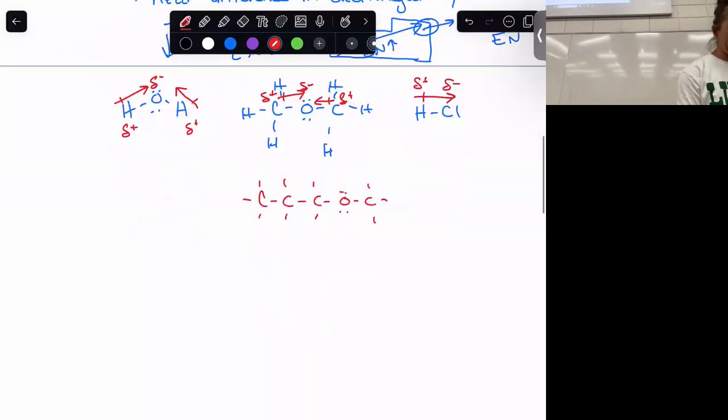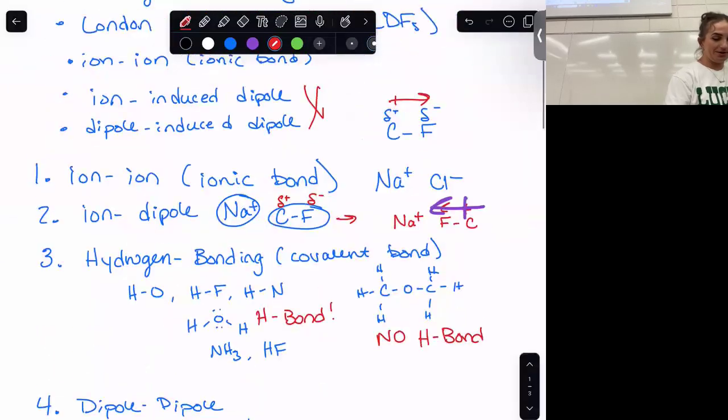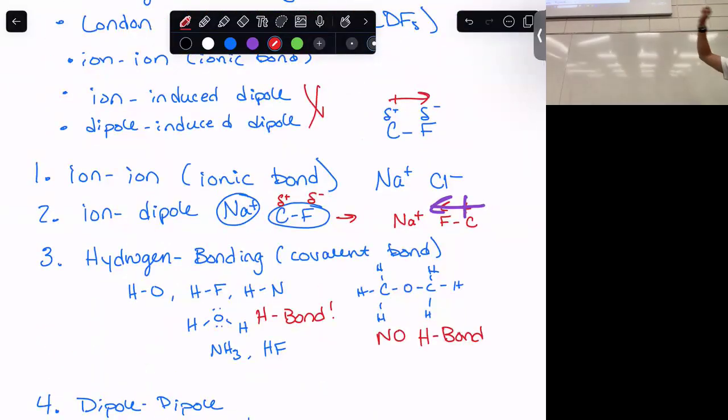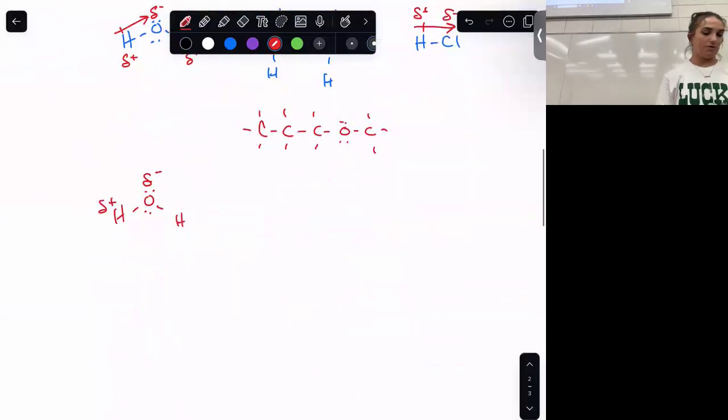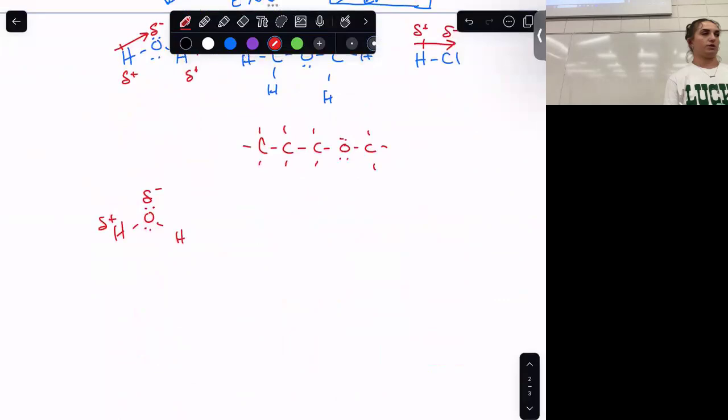So you tell me. If we have water, this has the partial negative, this has the partial positive. Where is the hydrogen chloride going to line up? What did we do between the sodium and then the carbon and fluorine? What did we line up? The opposite charge. So that's going to happen again here. If we're looking at the oxygen, what's going to be closer to that, the hydrogen or the chlorine?